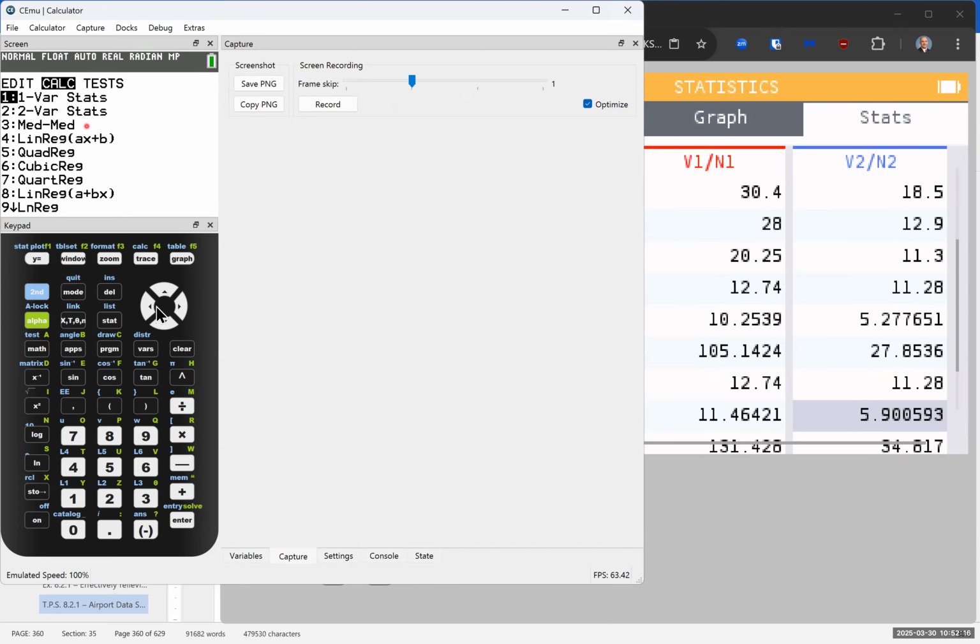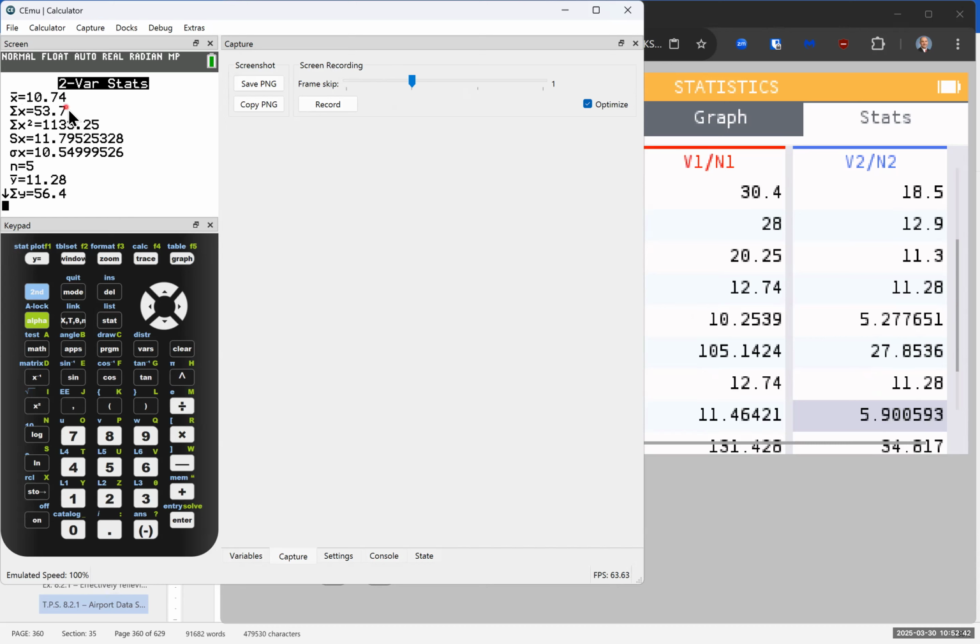Let me do two variable stats and see if that works well enough. We're going to have list one and list two. This lets us do one variable stats on two lists at the same time, but it doesn't give us everything that one variable stats would. I want to see if it'll give us enough.